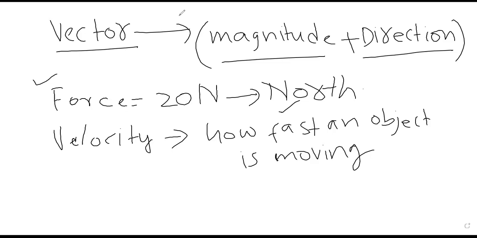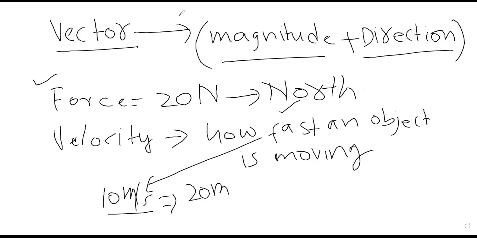If I say 10 meter per second, it means the object covers 10 meters in 1 second. If I write 20 meter per second, it means the object covers 20 meters in 1 second. So it is about how fast an object is moving.